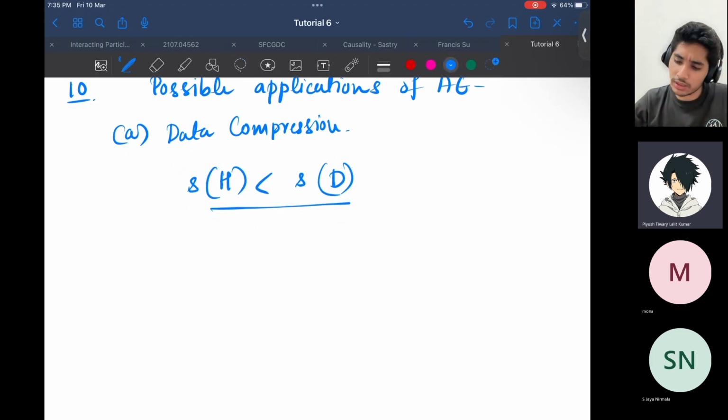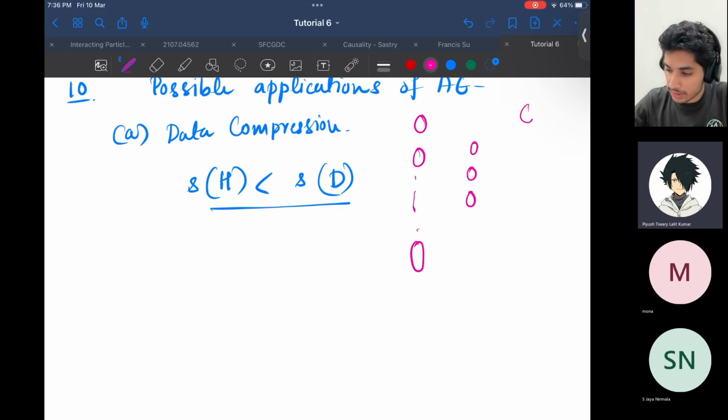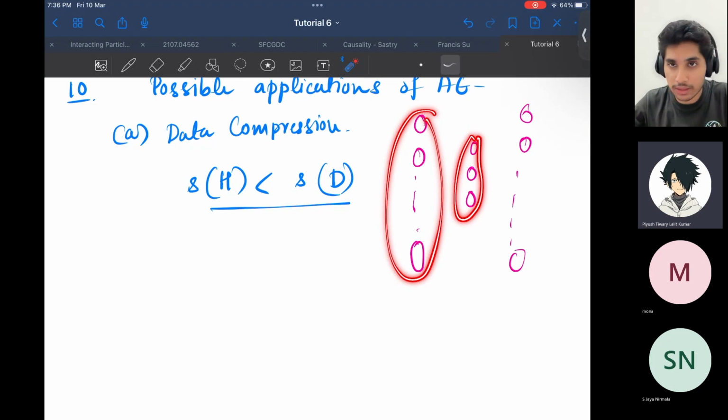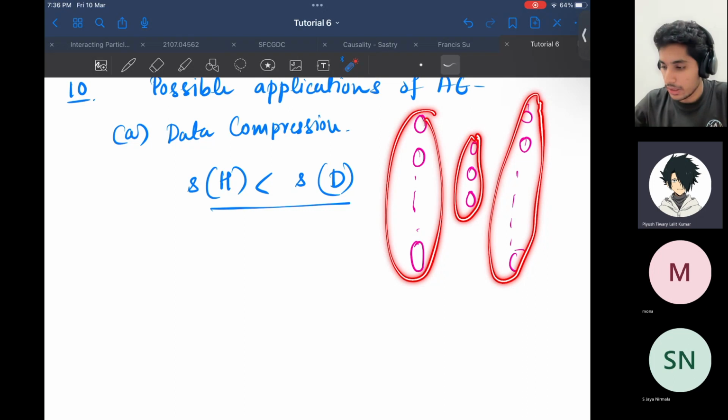So can we use autoencoders for data compression? Well, if you use an undercomplete autoencoder, something like this, what you are doing is using this data to construct a representation here, and you are reconstructing the data. So can this be used for data compression?